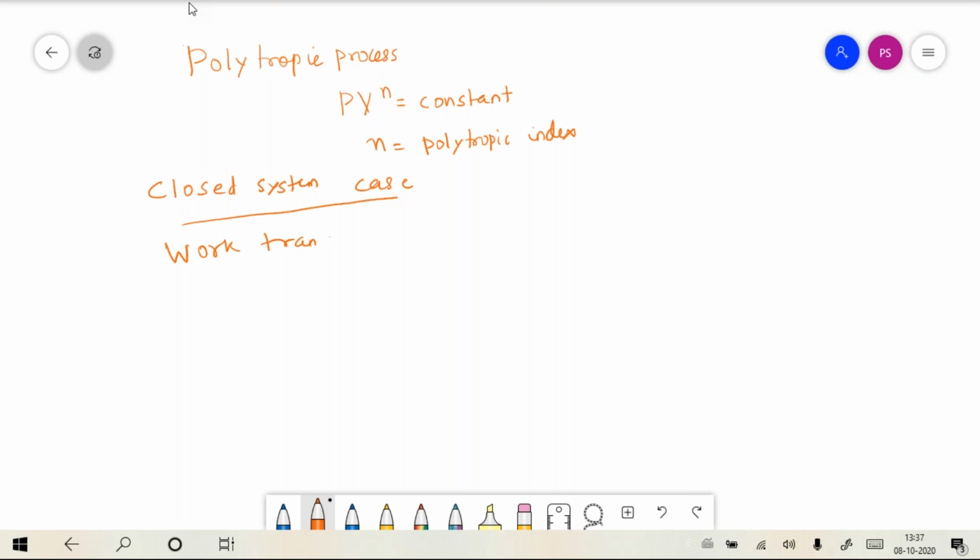Because it is a non-flow, closed system process, the work transfer is given by integral of P dV from 1 to 2. So how do we do that? Substitute the value of P as C upon V raised to n in this equation and solve. So try doing this derivation.